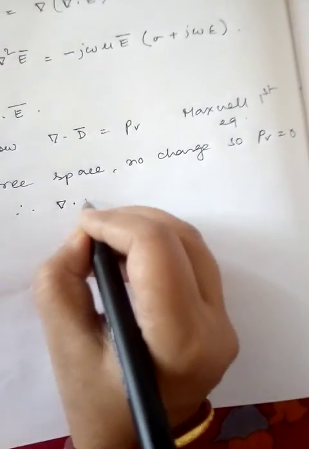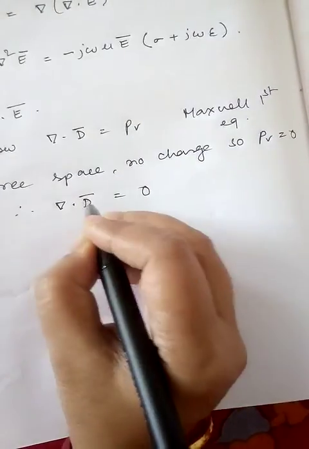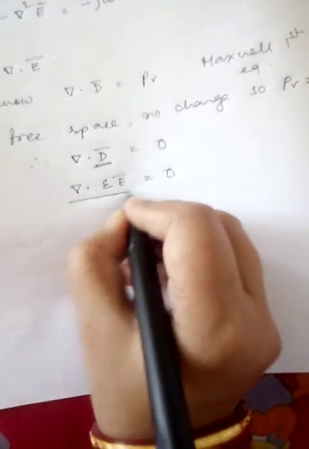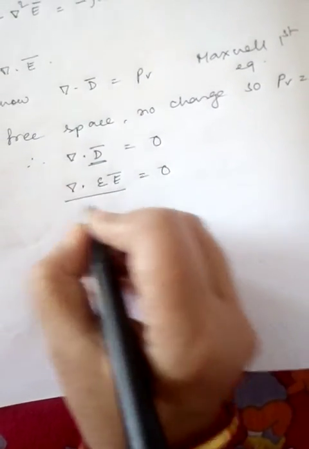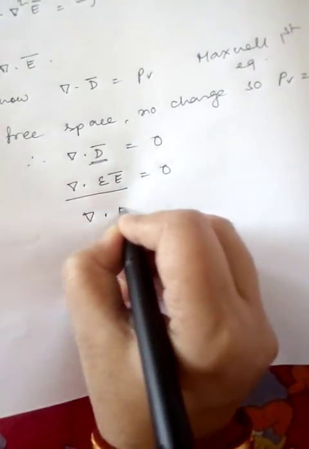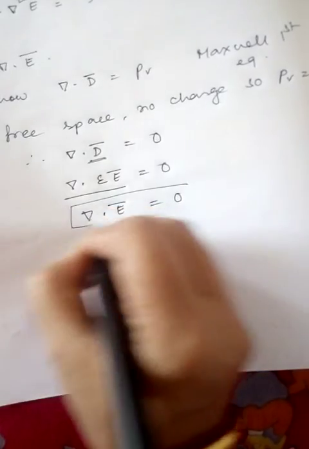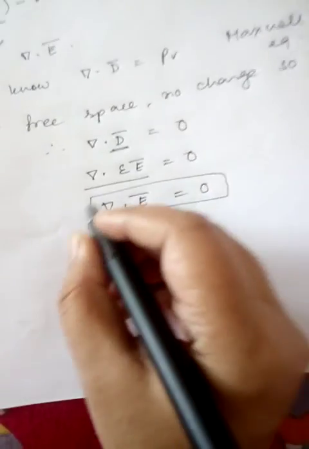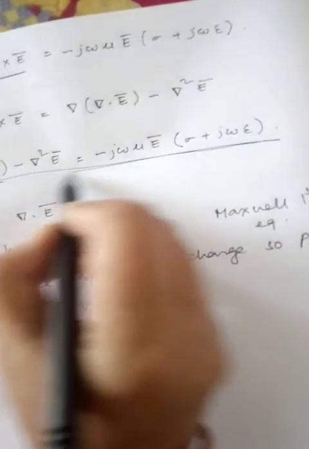Therefore, del dot D is equal to 0. Now del dot D can be written as epsilon E is equal to 0, so this can be written as del dot E is equal to 0. Putting this in this equation, what you will get?